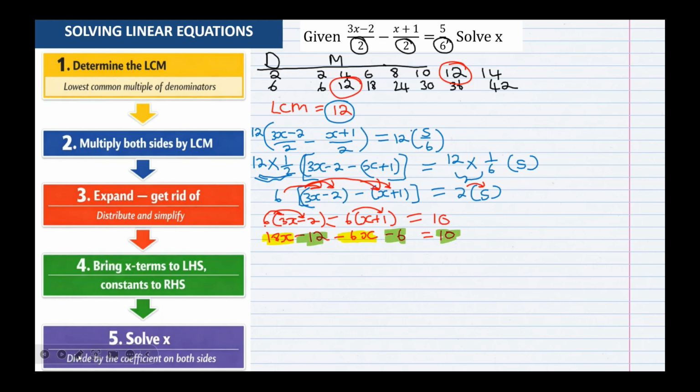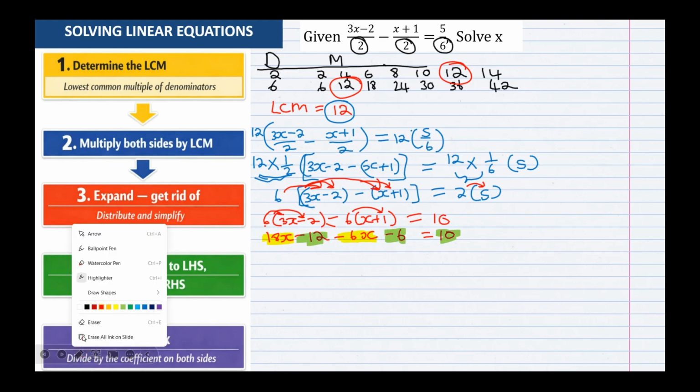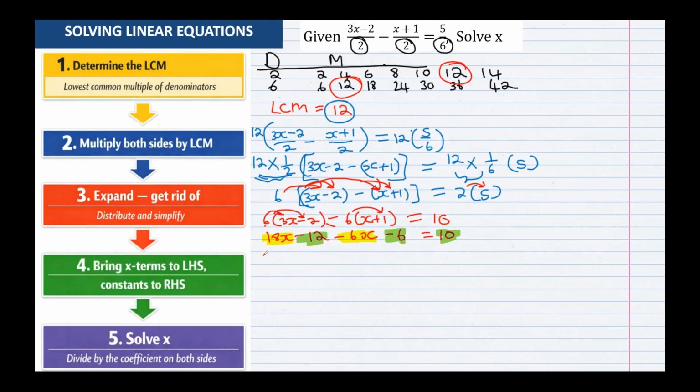So for our variable term it is going to be 18x minus 6x, and that gives us 12x, right? And then for our constant terms, it's minus 12 minus 6, which gives me minus 18. And then we have equals 10.